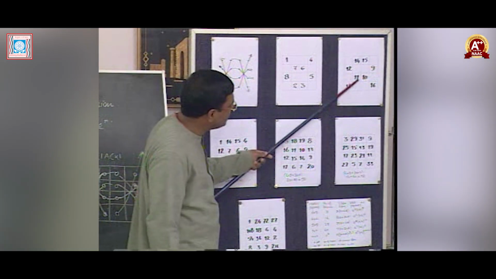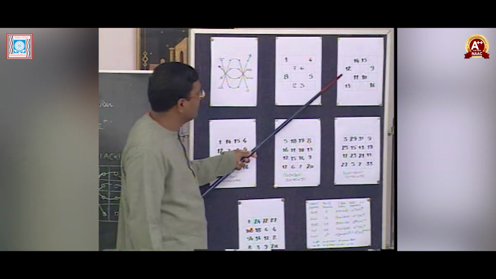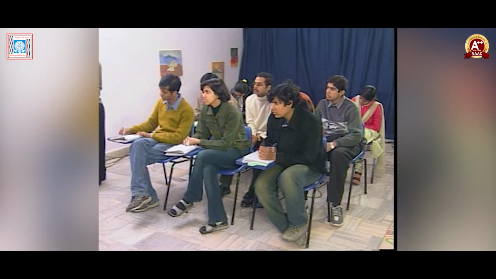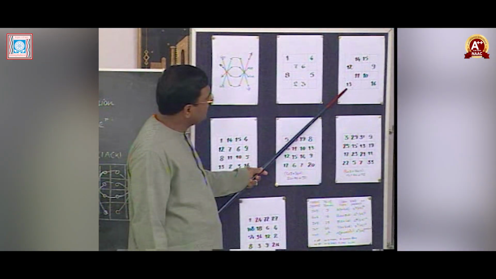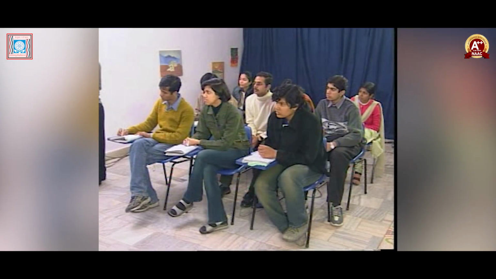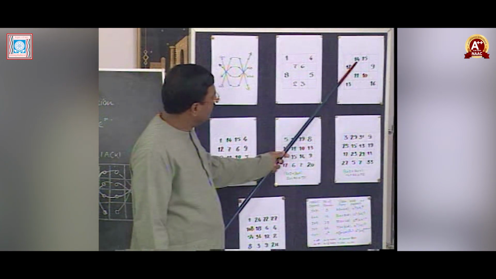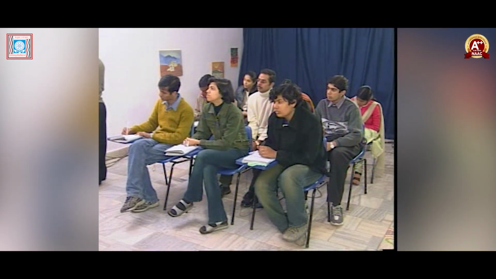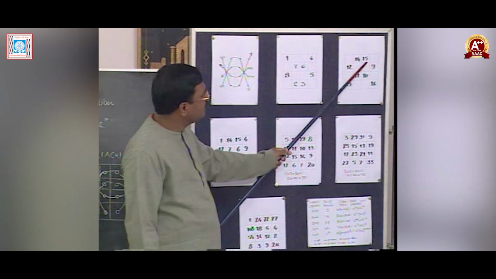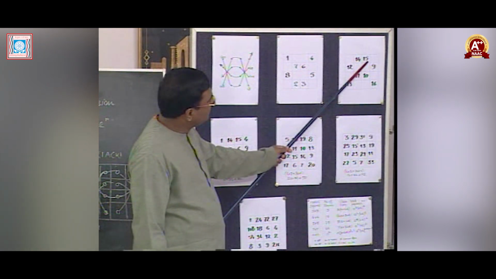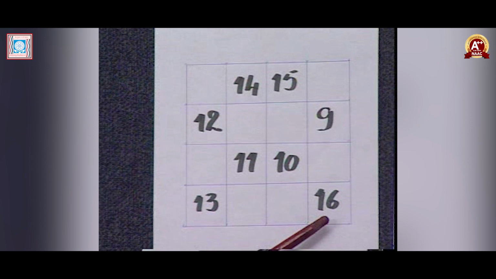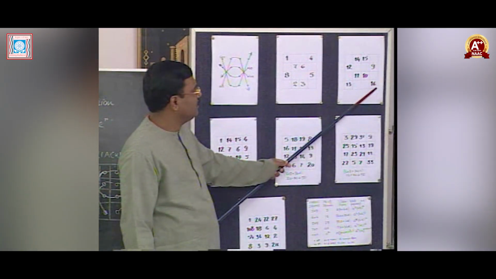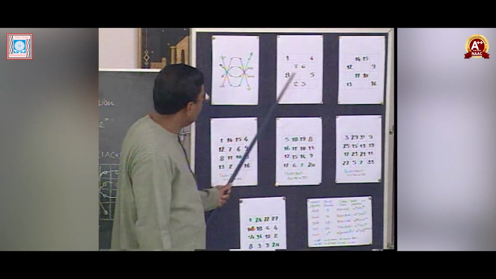This is in the clockwise direction. The last group runs in the clockwise direction only. The first term is to be filled in the fourth row first column. The second term of the fourth group is in the first row second column. The third term in the first row third column, and the last term in the fourth row last column.